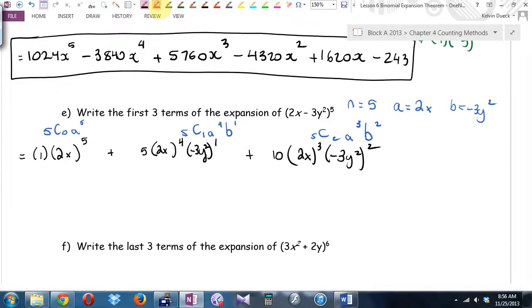Now, in this first term, this 2, which is actually a 2 to the fifth, is going to become part of my coefficient. What I really end up with on my next line is a 1, a 2 to the fifth, and an x to the fifth, because that 5 goes on everything in the brackets.